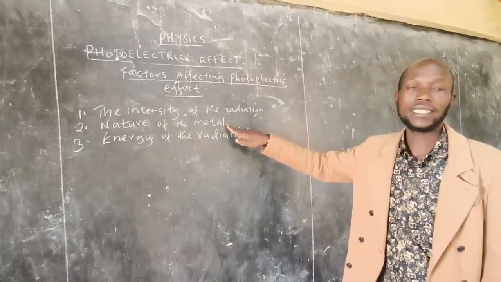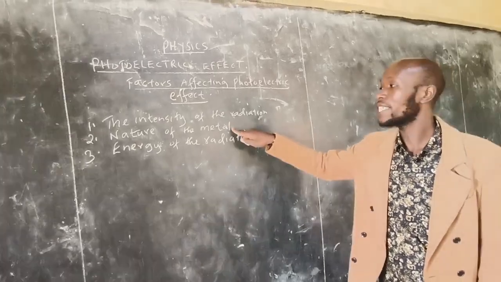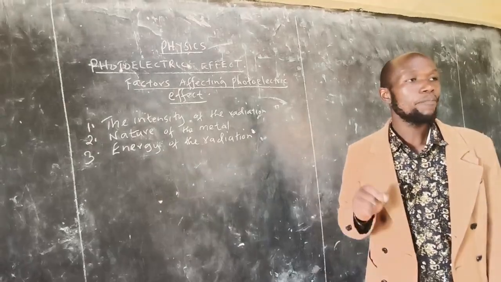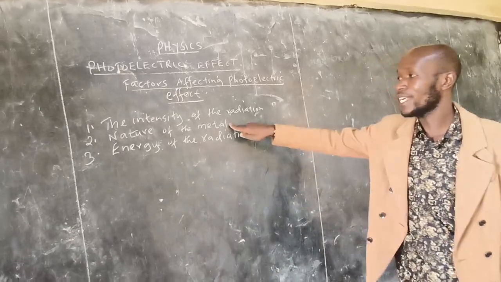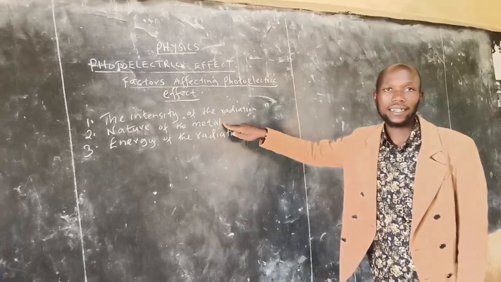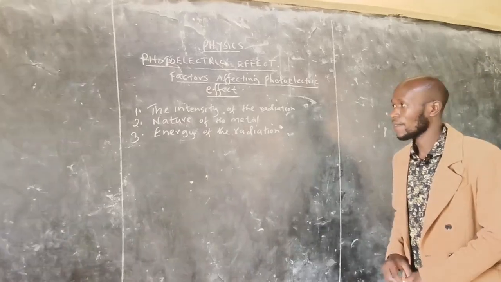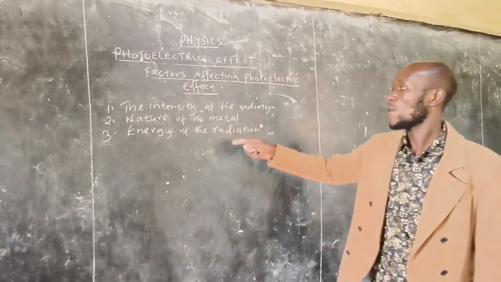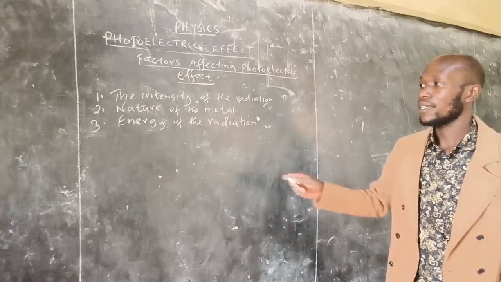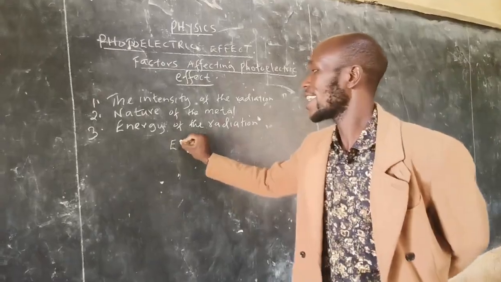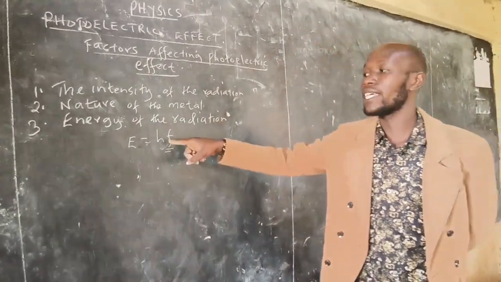As for the nature of the metal, or the type of the metal, each metal has its own minimum frequency called the threshold frequency, and therefore the photoelectrons emitted depend on the minimum frequency for each photoelectron. Now, for each metal, the energy of the radiation is directly proportional to the frequency F from the source.